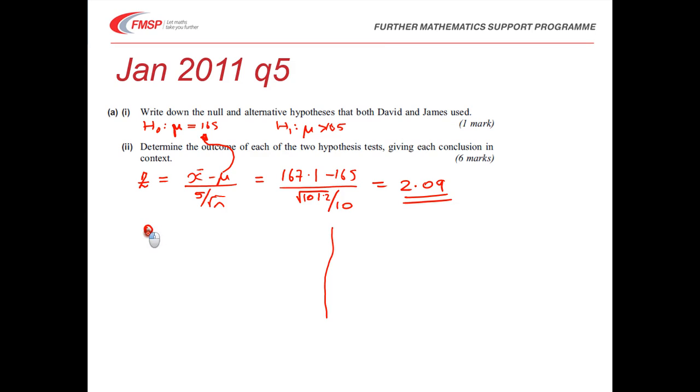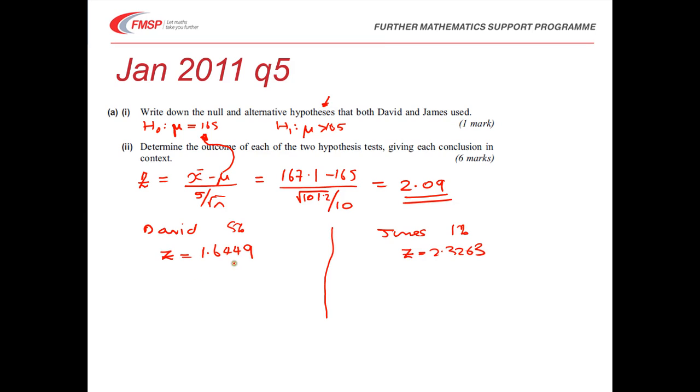Now we consider each one. David was doing a 5% test, and the critical value for a one-tailed test is 1.6449. We get that from the tables. Whereas James is a 1% test. This is one-tailed. I know it's one-tailed because that's how I set up my hypothesis. The Z value turns out to be 2.3263.